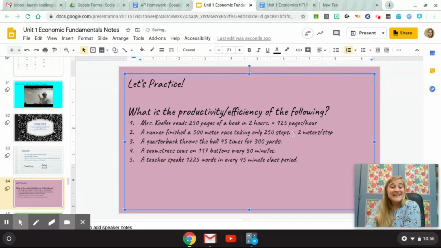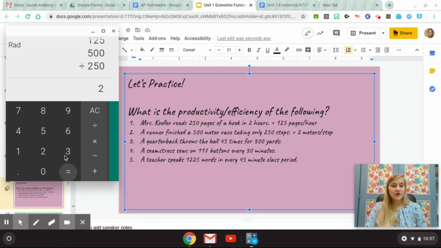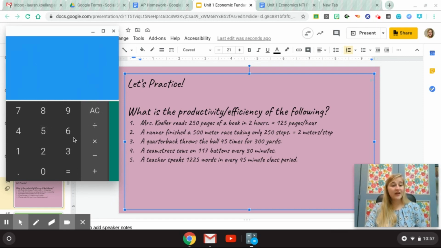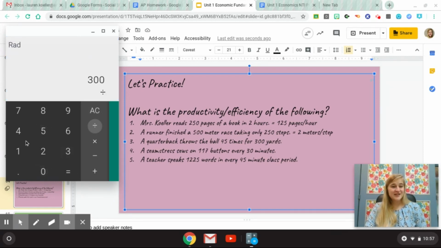All right, let's look at number 3. A quarterback throws the ball 45 times for 300 yards. What is his output? He gains 300 yards. How much effort did he put into that? He put in 45 different throws. Okay, so let's take 300 divided by 45 is 6.6667, but you can shorten that, okay?